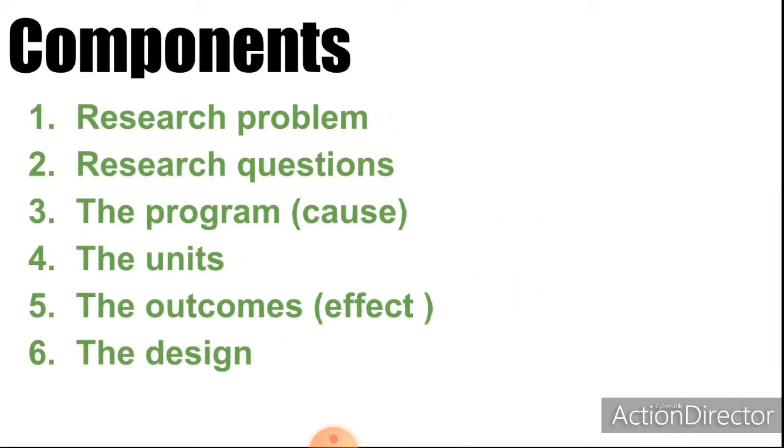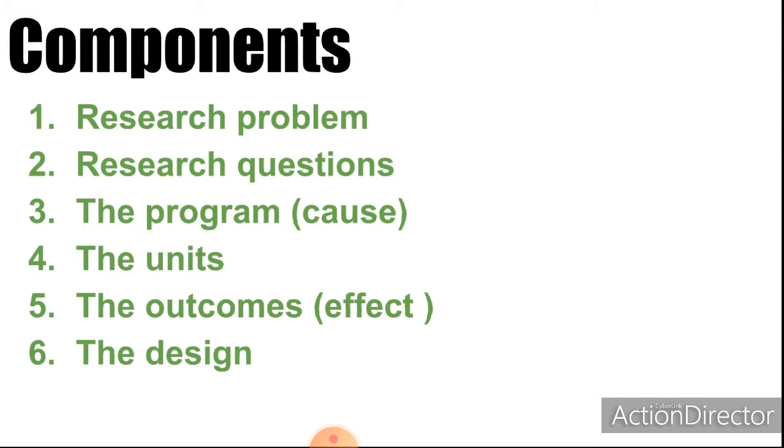Now, next we can discuss the components of a causal research study. They are research problem, research questions, program, units, outcomes, design.